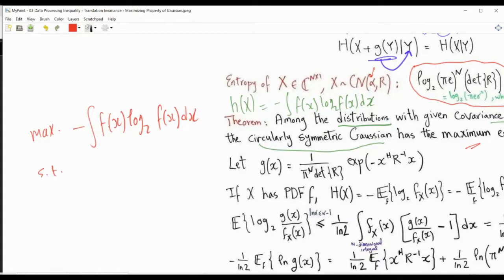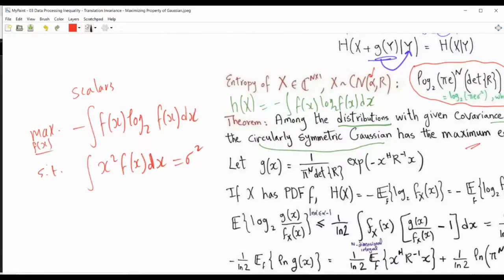Subject to, for scalars, a given constant variance, and for vectors, you want the full covariance matrix to be specified. And what is your unknown?